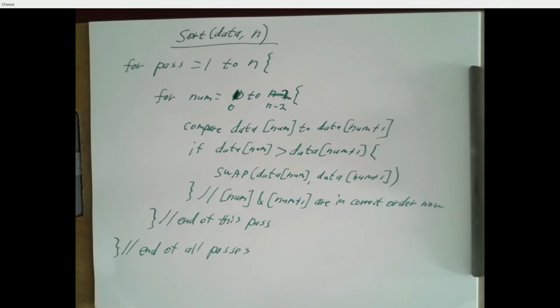The real measure of an algorithm's efficiency is more like if you double the amount of things that you're processing, what happens to your processing time? Does it also double? Does it go up by more than 2? Does it go up by less than 2? Bubble sort has this characteristic that if you double the amount of numbers, you quadruple the amount of time.